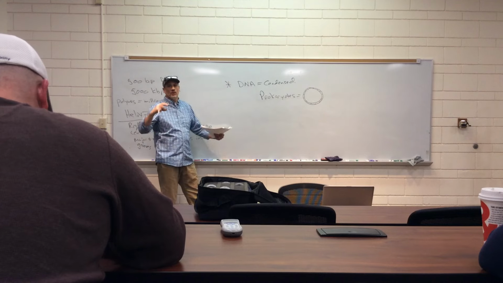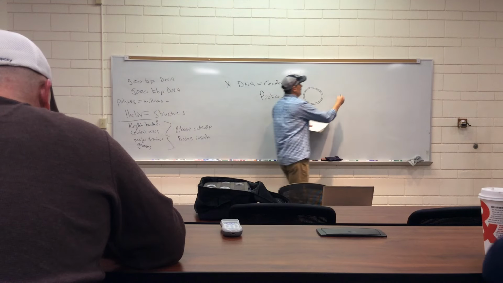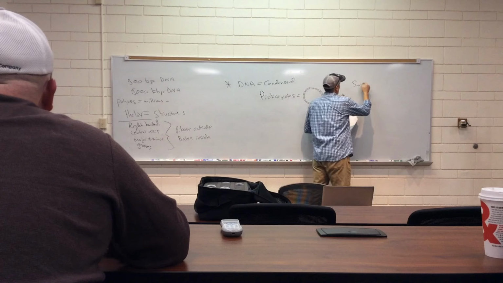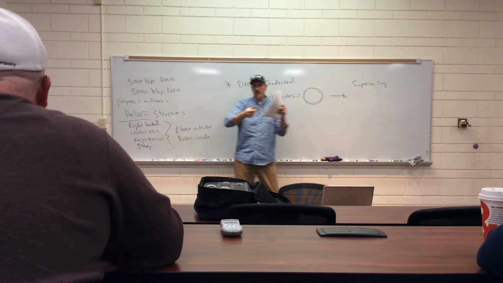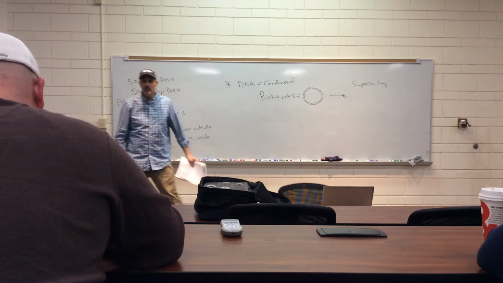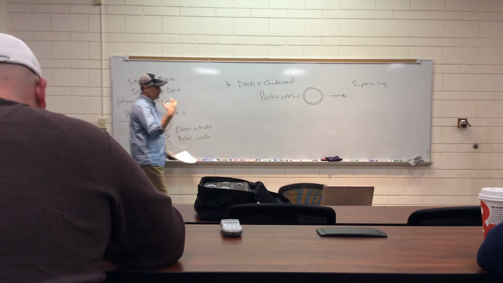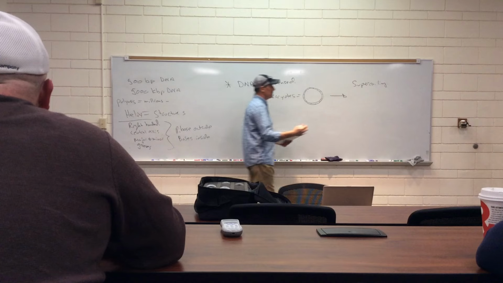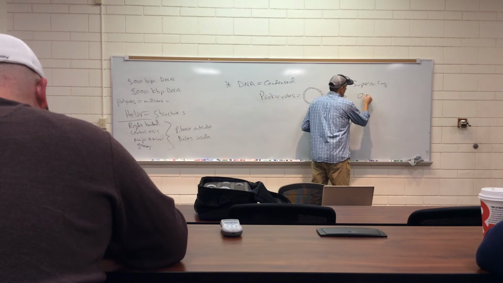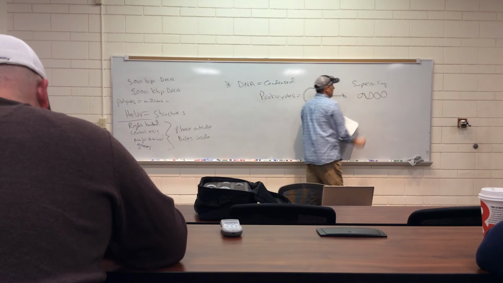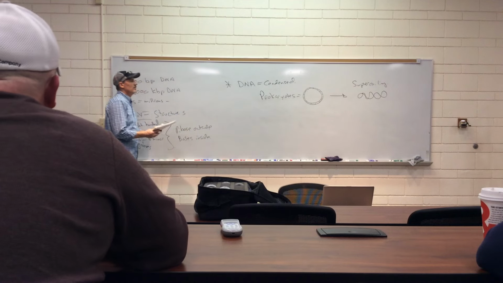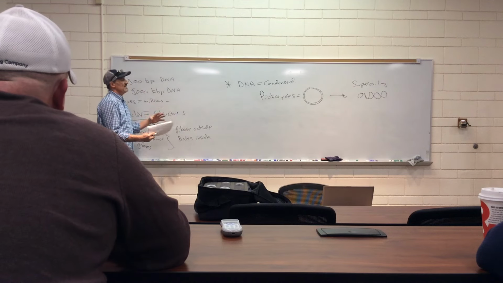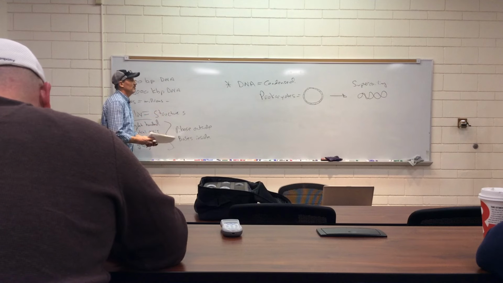We basically do what's called supercoiling. And just think of it as taking a rubber band and you start to twist that rubber band up. It starts to fold upon itself and starts to form these big globular shapes. And that's what we can see with this as well. As we start to wind it up, it starts to supercoil. And we do this so that we can condense it down enough to pack it into the cell.